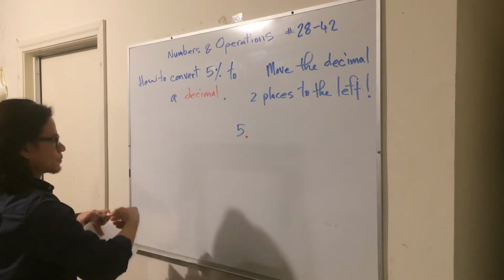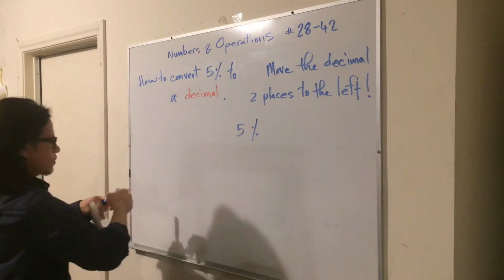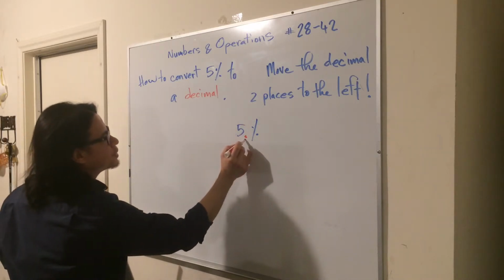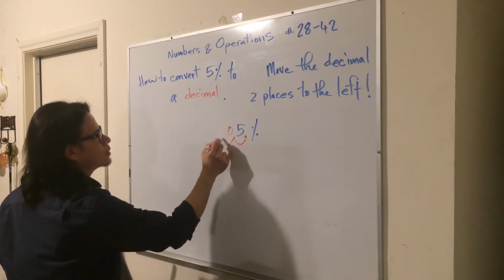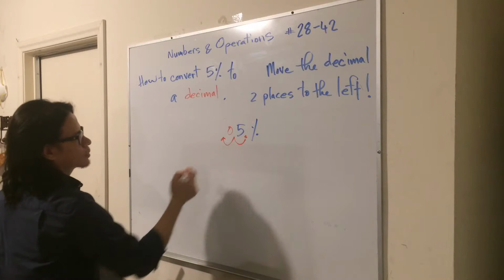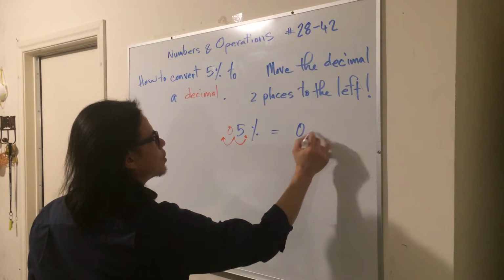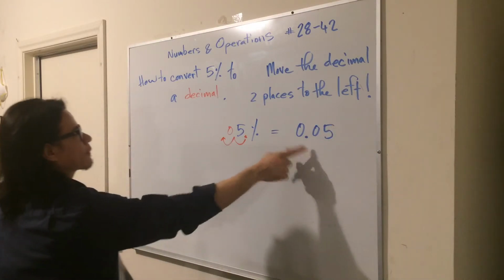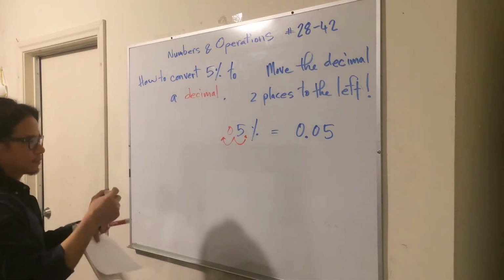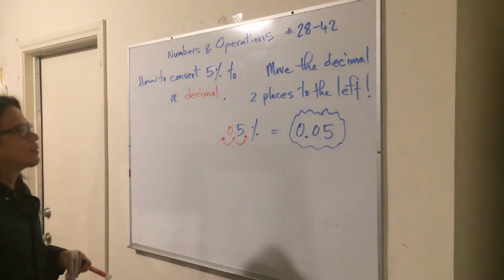So again, in 5%, if you don't see a decimal, it is right here. Move it two places to the left. 1, 2. What we'll end up with is 0.05. So 5% is equivalent to 0.05. Box out our answer. We are good to go.